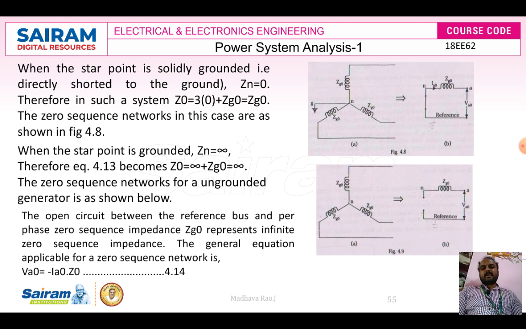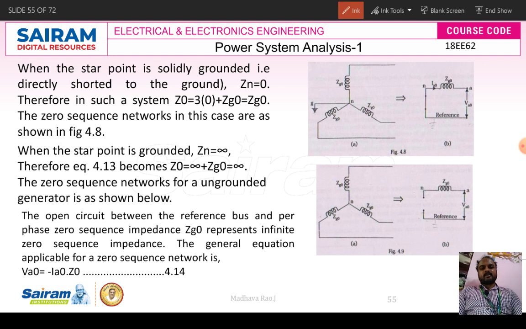When the star point is solidly grounded, Zn is equal to 0, so Z naught is equal to Zg naught. When the star point is not grounded, Zn is equal to infinite, so finally Z naught is equal to infinite. So the first is a closed circuit, and the second case is an open circuit.